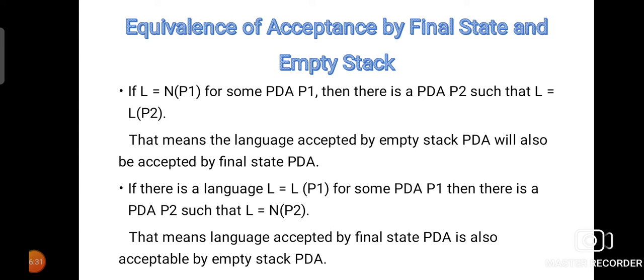That is, L of P1 is the language accepted by the final state of the first PDA, and in the second case N of P2 means the language accepted by the PDA by the empty stack. So both are equated, both have the same acceptability. That means the language accepted by final state of a PDA is also acceptable by an empty stack PDA.